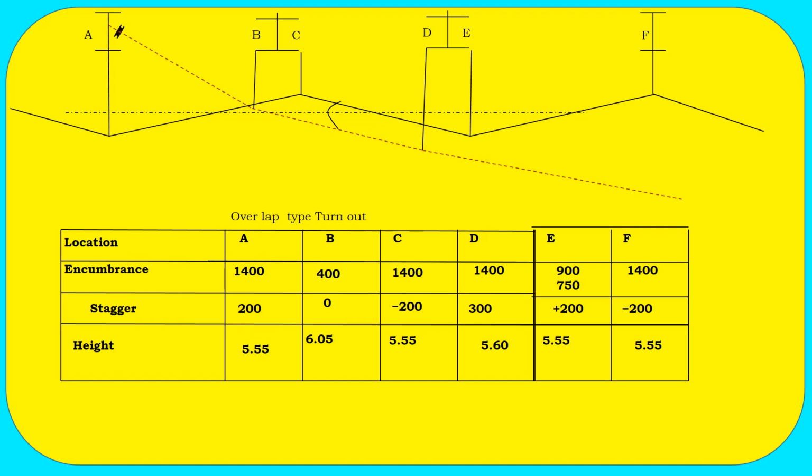Next is, when the locomotive pantograph will pass to the turnout OHE. You know, turnout OHE is 50 centimeter above the mainline OHE. So from the mainline it is low, but slowly it will catch the turnout OHE where?